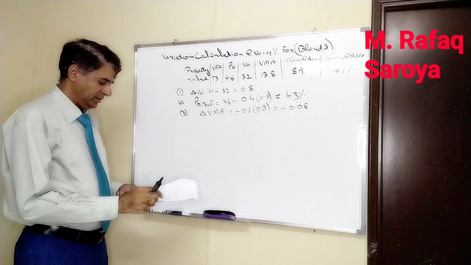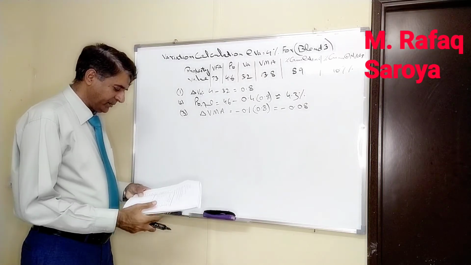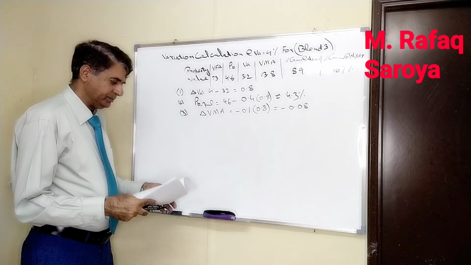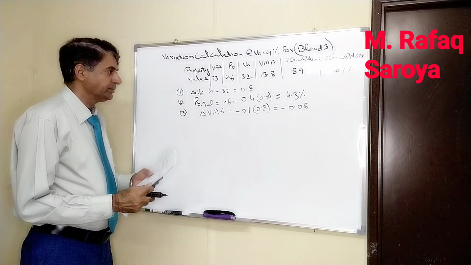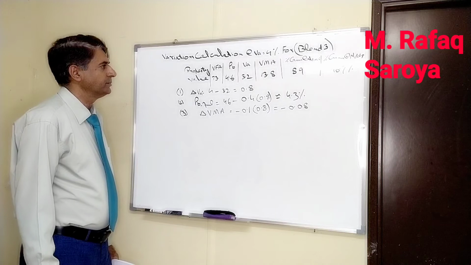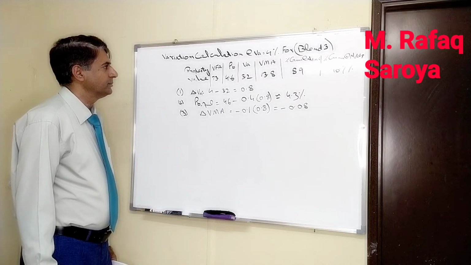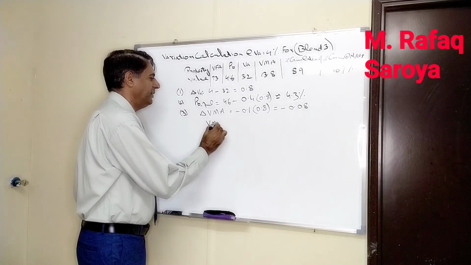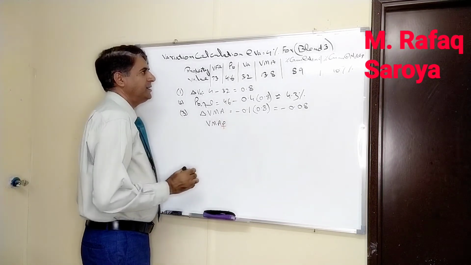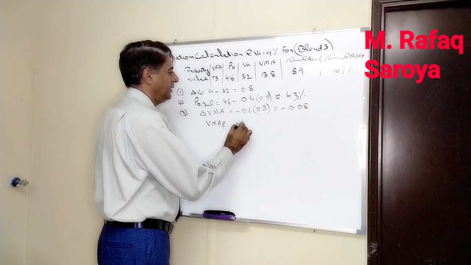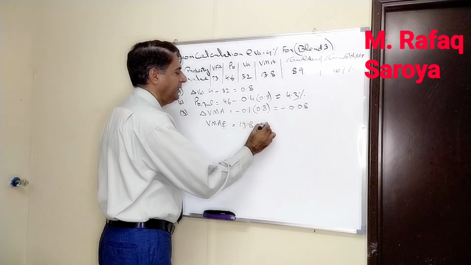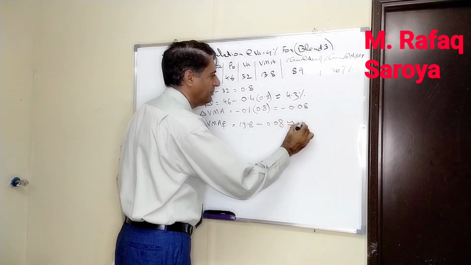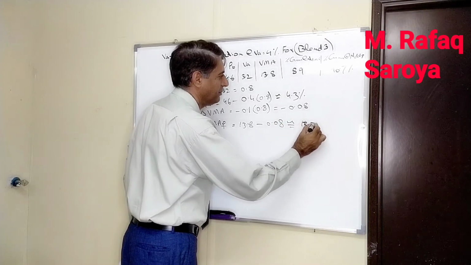When we apply this value, we get VMA final equal to 13.8 negative 0.08, which comes out to approximately 13.7%.